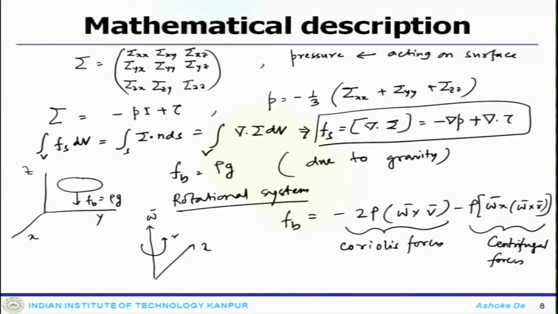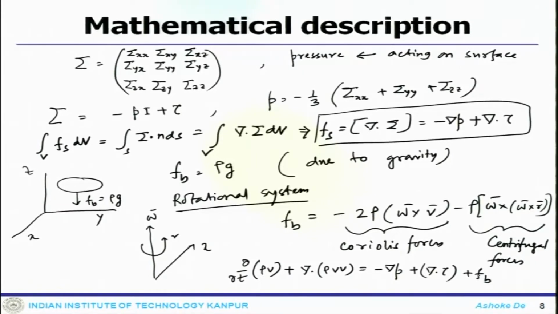But essentially my momentum equation becomes ∂/∂t of ρV plus ∇·(ρVV) equals minus ∇p plus ∇·τ plus Fb. So, that is the equation that becomes.